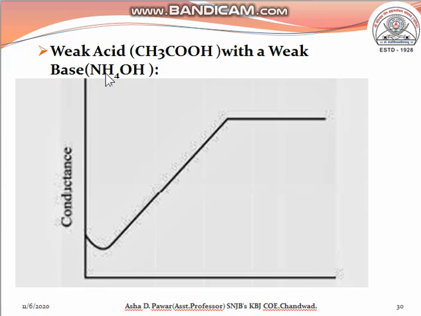Means in weak acid weak base conductometric titration, at initial stage conductance slightly decreases, but again it suddenly increases due to the formation of salt of weak acid weak base. It is strong, that is ammonium acetate.